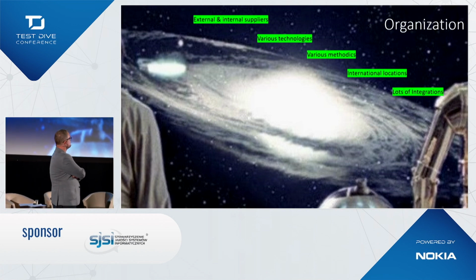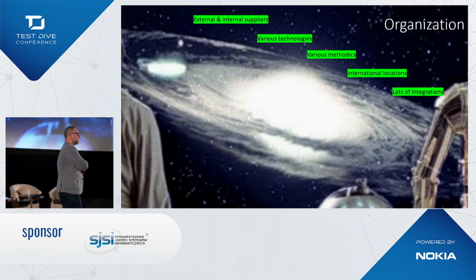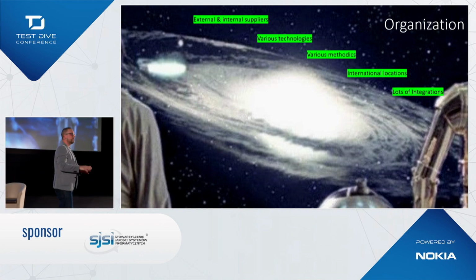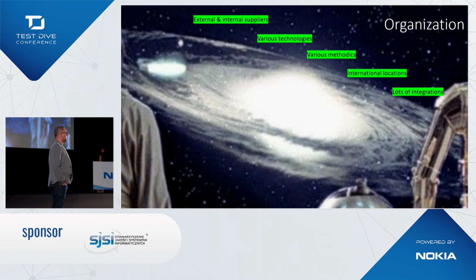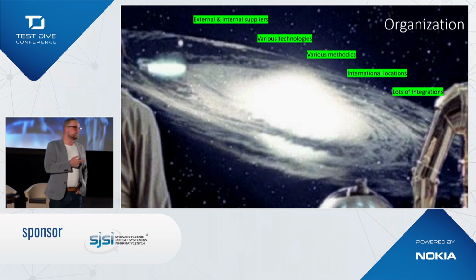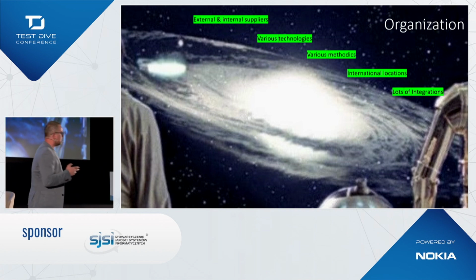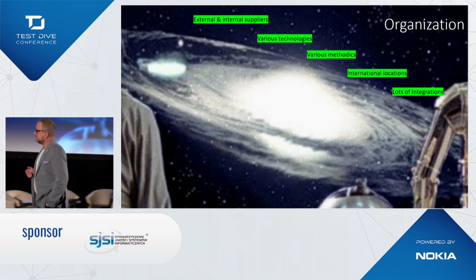And what else? Lots of integrations. When I'm combining it with other places where I was, we got lots of integrations with internal systems, external systems, with external companies, even with our competitors on the market.